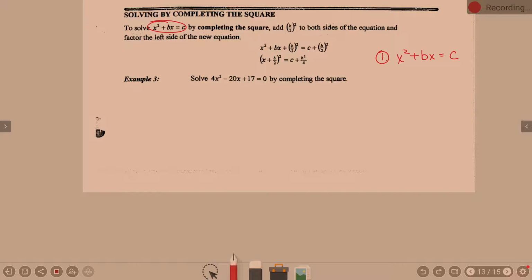My constant is on the right, and what's in front of x squared? A coefficient of 1 and only 1. Notice in front of x squared there is no a value, is there? So that is a key piece of information as we complete the square.